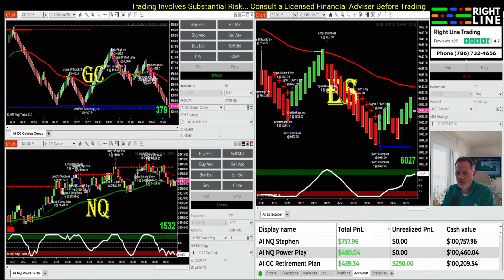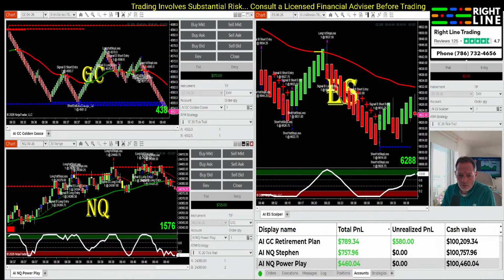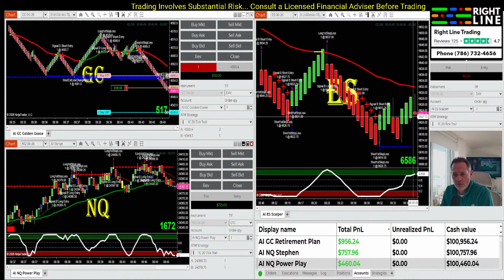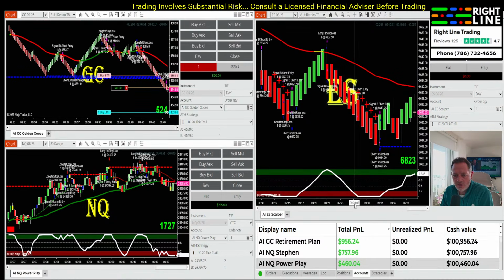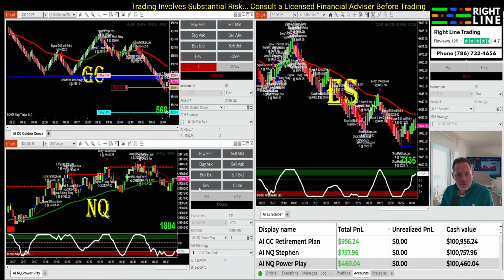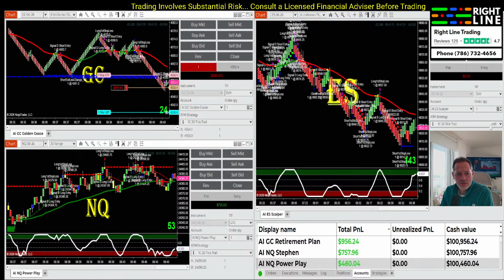Being patient today. Looks like it wants to fill in the gap here, trying to close the gap going north. NQ's all excited over here, trying to pop through. Getting a retracement coming up.